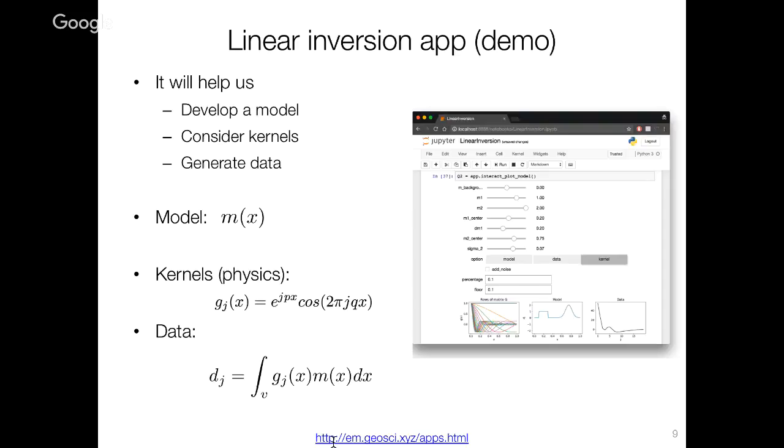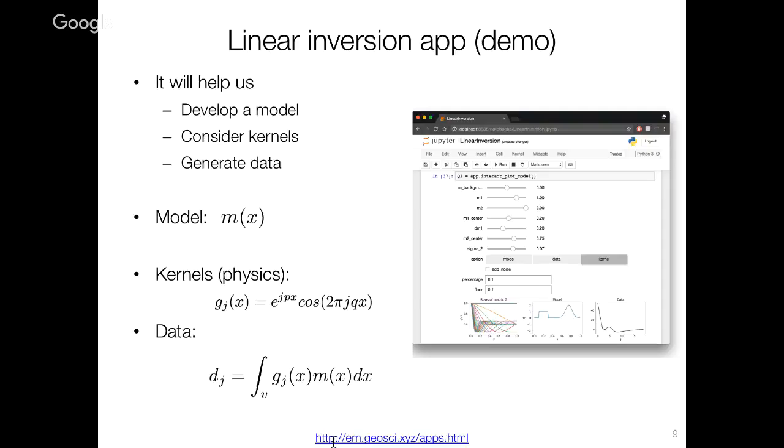So, just two shapes, a boxcar and a Gaussian, but because of the flexibility, you can actually make quite a few different shapes. So that's the model. That's the thing that we're really trying to find.